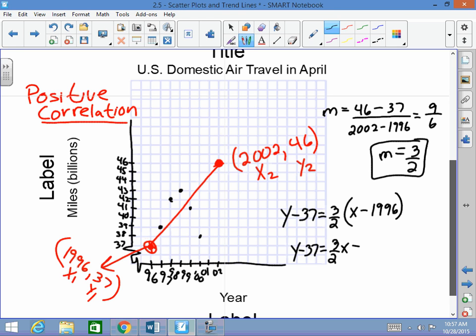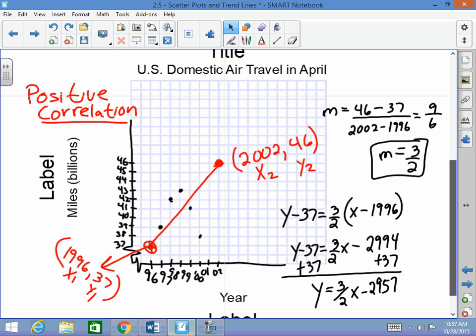Okay, 3 halves is 1.5, so 1.5 times negative 1996 gives me negative 2,994. Add the 37 to both sides, and y will equal 3 halves x minus 2,957. And that is my equation of the trend line.